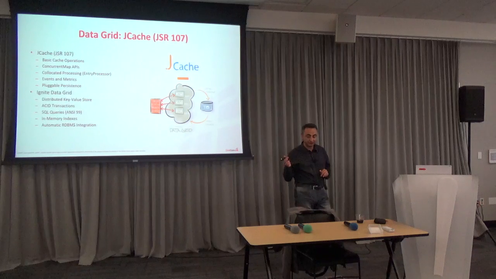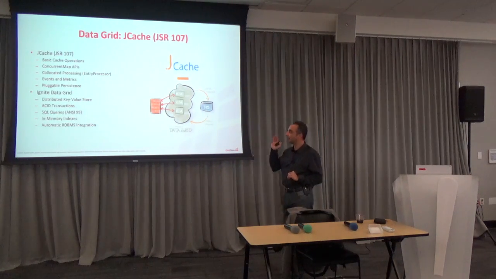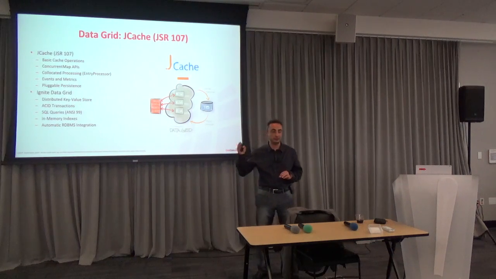And one of the main features that DataGrid provides is multiple ways to talk to the data. The first way you probably would see is JCache.